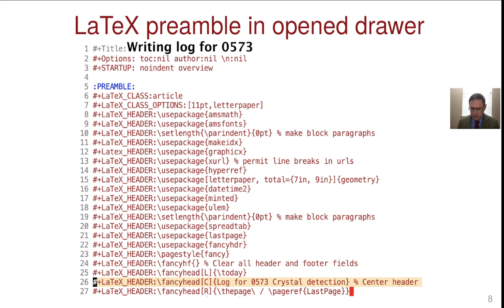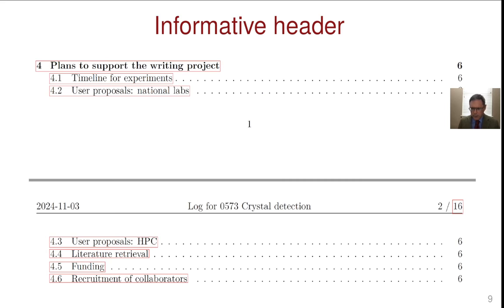This header has the current date as well as a running title and the current page number and total number of pages. So you can see in the center the header at the start of page 2. And you can see the bottom of page 1 where the page number is at the bottom of the page.